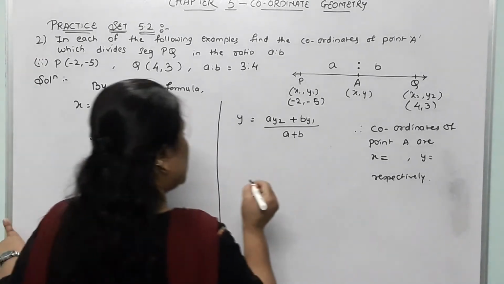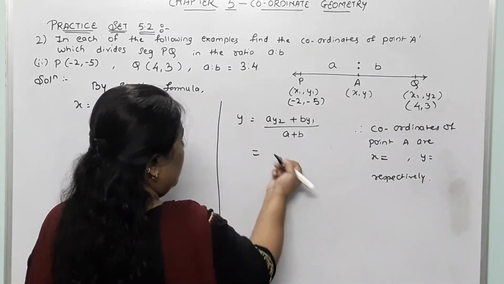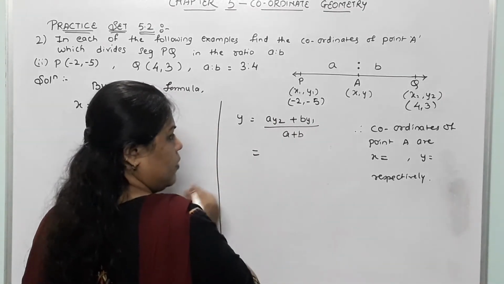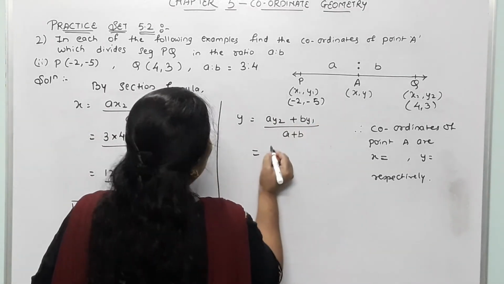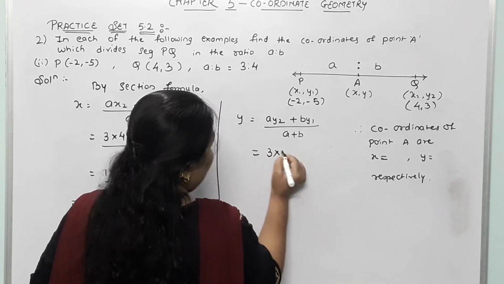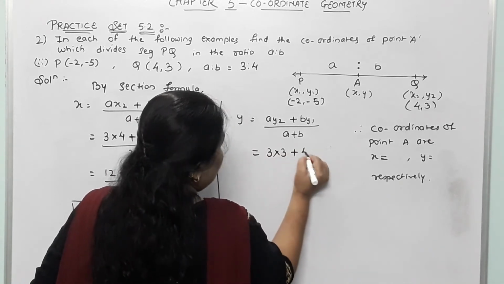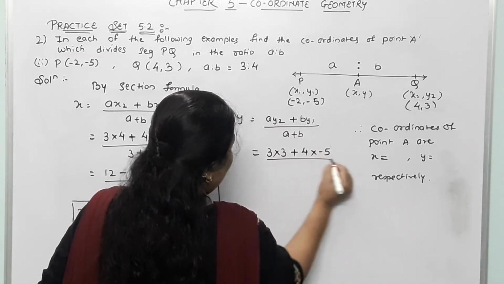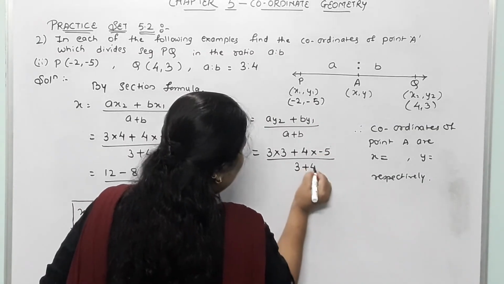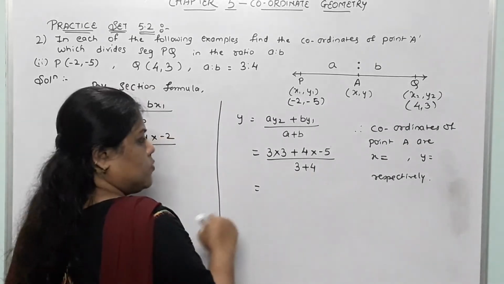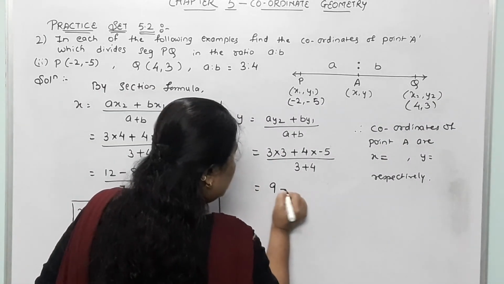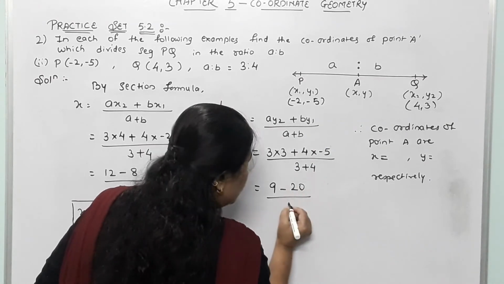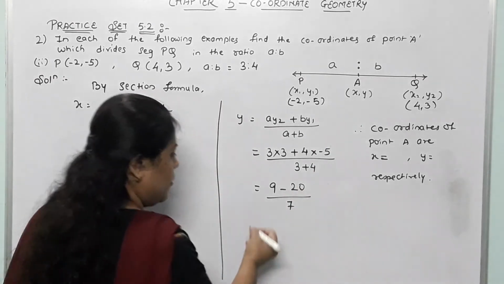And now we'll see the y coordinate. (a y2 plus b y1) upon (a plus b). So 3 into y2 is 3, plus 4 into y1 is minus 5, and 3 plus 4 as a plus b. 3 3s are 9, minus 4 5s are 20, upon 4 plus 3 is 7.